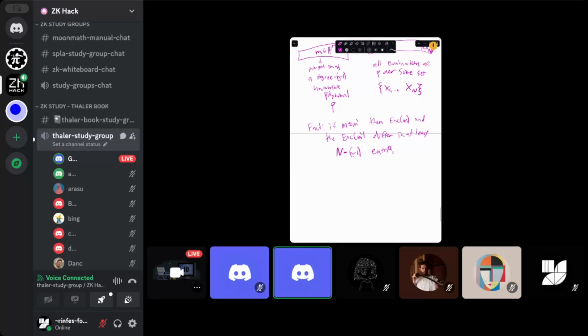And this is just a reformulation of the fact that any two distinct degree n-1 polynomials agree at most n-1 points.